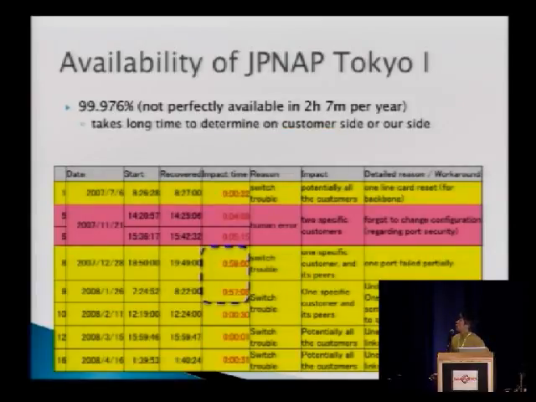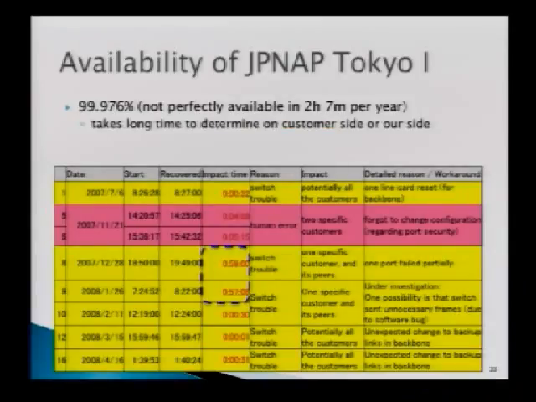So the total availability of JPNAP Tokyo 1 during this year was approximately 99.976%, and downtime was 2 hours and 7 minutes. This seems too long. This is according to the definition of my availability model, which is very simple but strict.